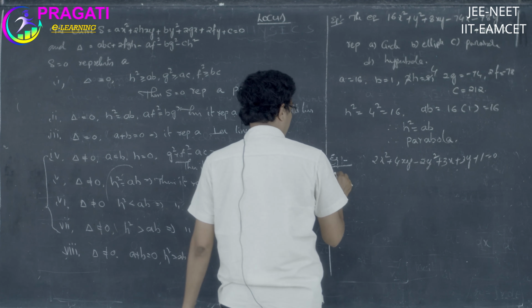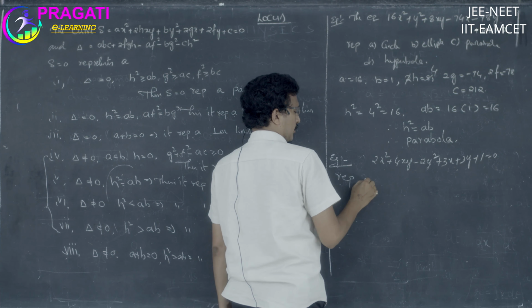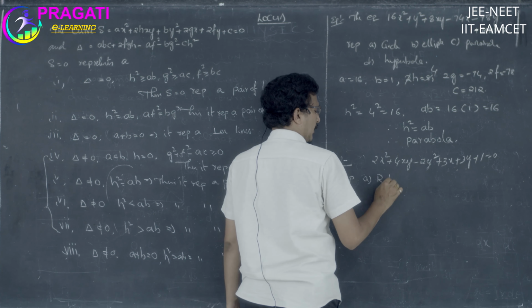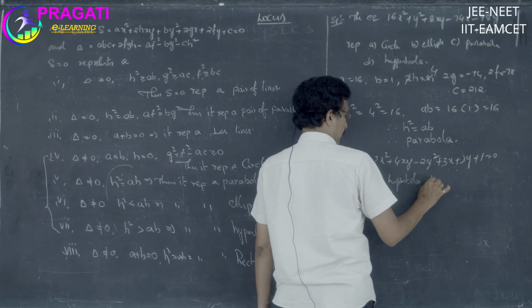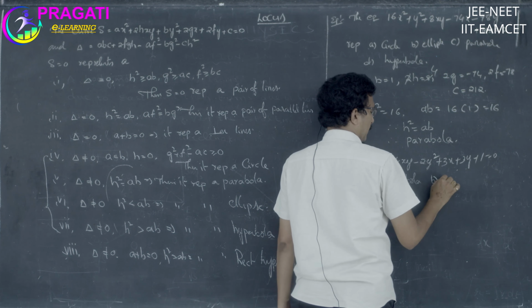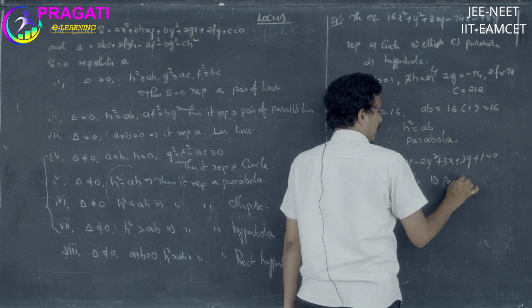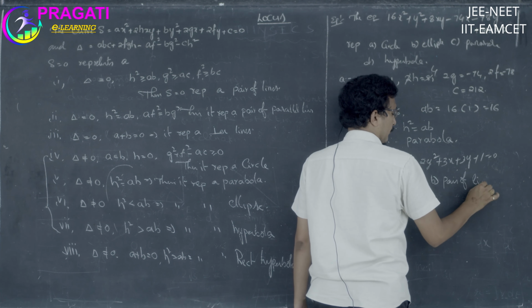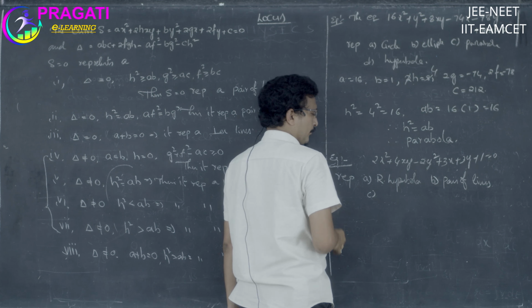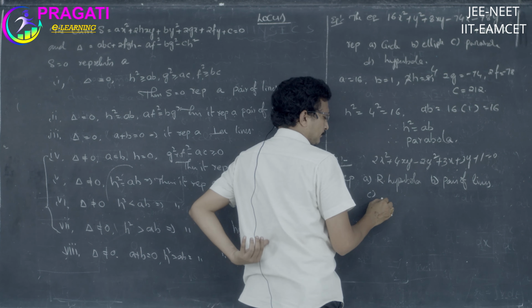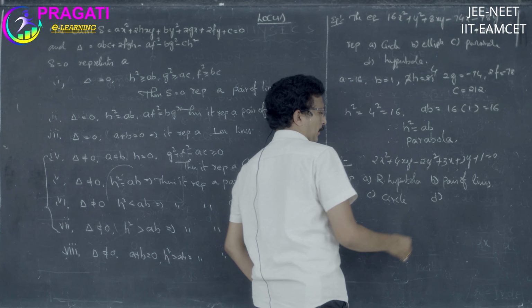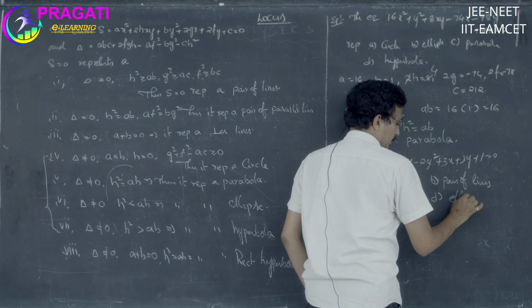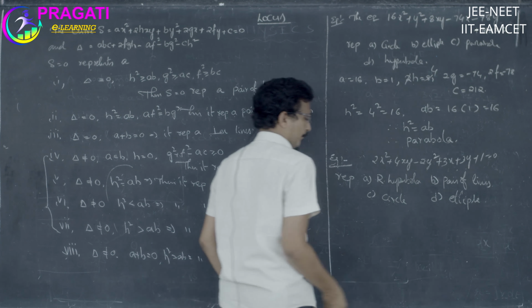It represents: A, a rectangular hyperbola; B, a pair of lines; C, a circle; D, an ellipse. Okay.